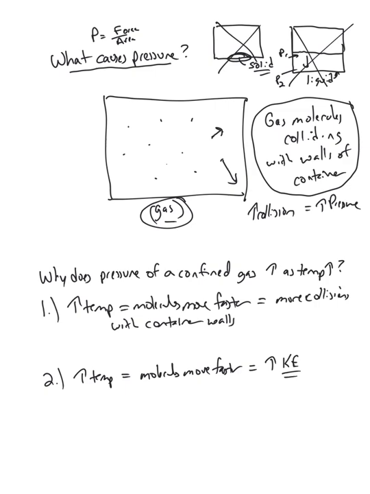They have more kinetic energy, just like a vehicle. If a car is moving at 10 miles per hour, it has a certain kinetic energy. If it's now moving at 100 miles per hour, it has significantly more kinetic energy. So when a car strikes, let's say, a tree at 10 miles per hour, it exerts a certain force. But if it's moving at 100 miles per hour, it exerts an even larger force.